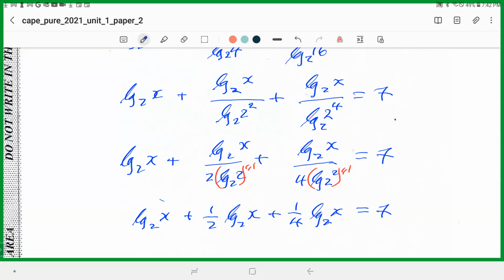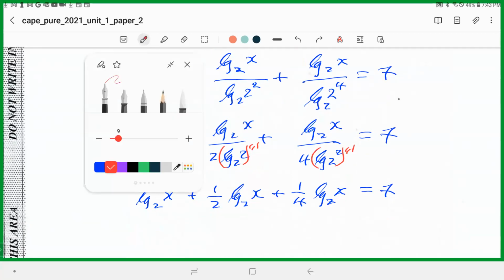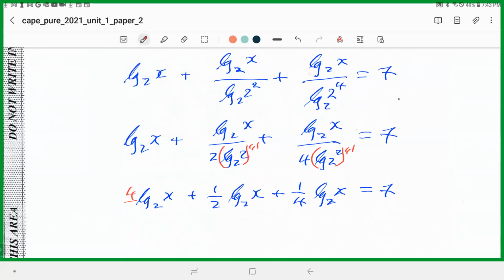Because they are all multiples of log to base 2 of x, I can add them up. It's really 1 plus a half plus a quarter. Put another way, I can write this as 4 over 4, this as 2 over 4, and this stays as 1 over 4.